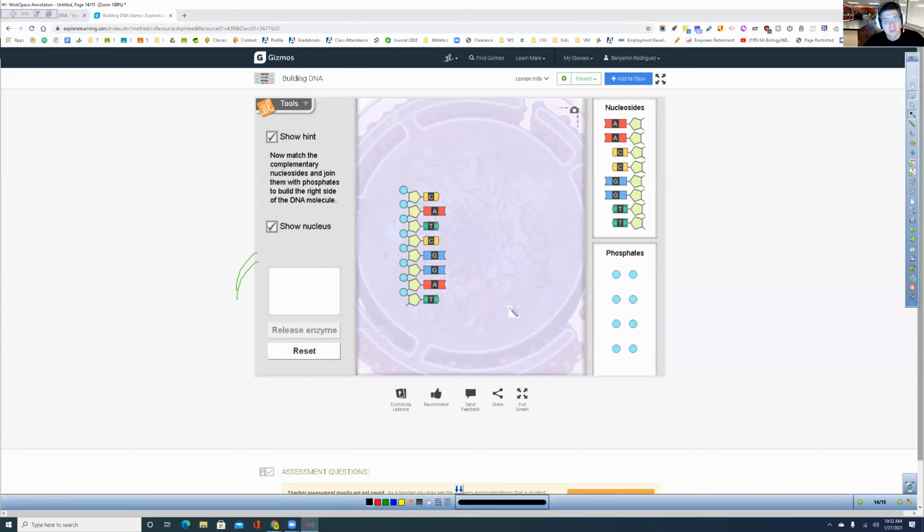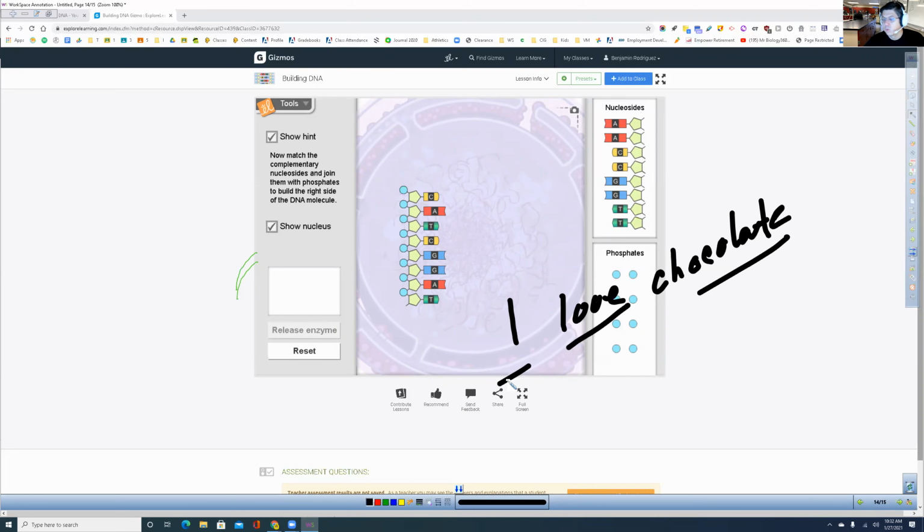What if I wrote this? I love chocolate. Why did I write the letters in this way, in this order? Why did I choose these letters and put them in this order?